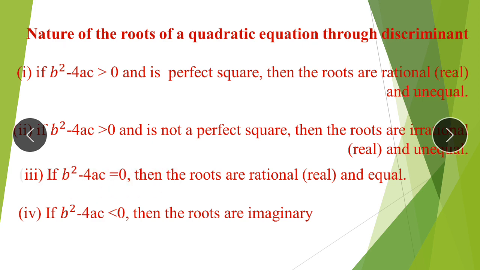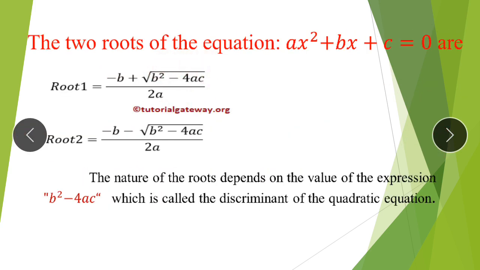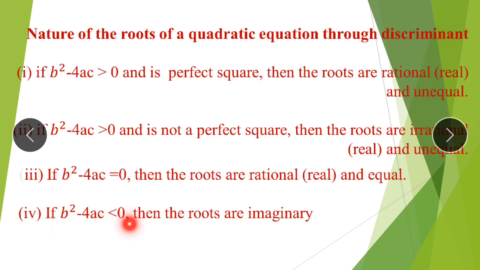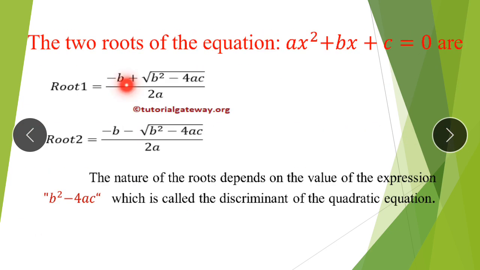If the discriminant is equal to 0, then the roots will be equal, because if you add or subtract 0, there will be no effect on the answers. Last, if the discriminant is less than 0, if there is a negative number written like minus 3 inside the radical, then of course the roots will be imaginary because the square root of minus is iota.